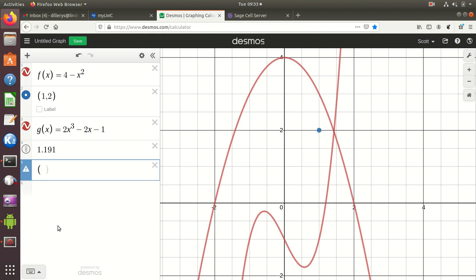I'll use 1.191 and f of 1.191 so that I can see that point.